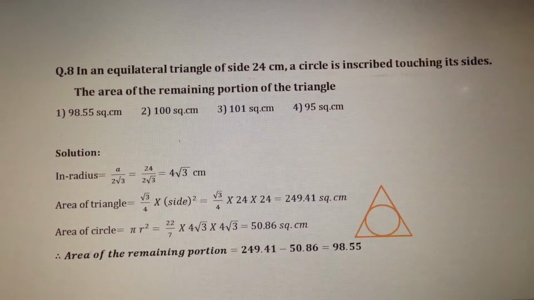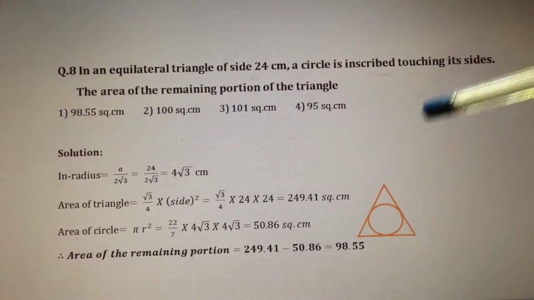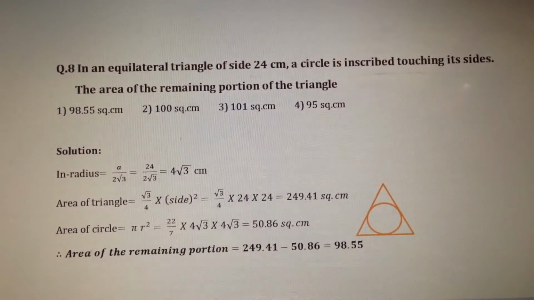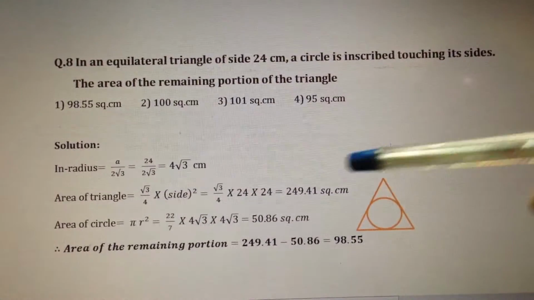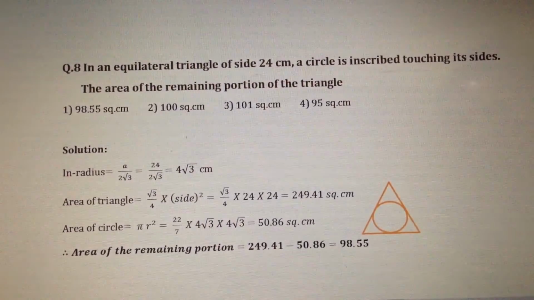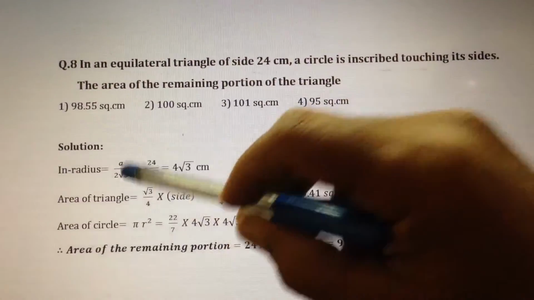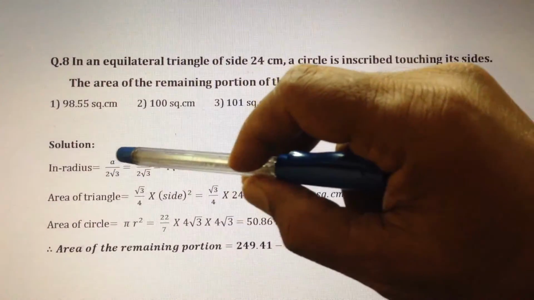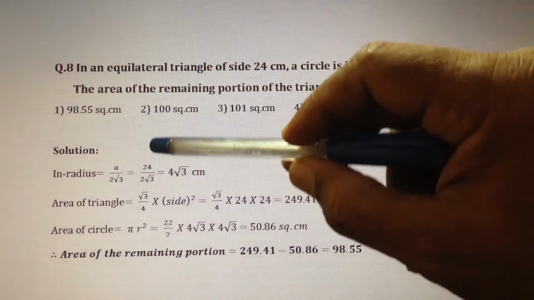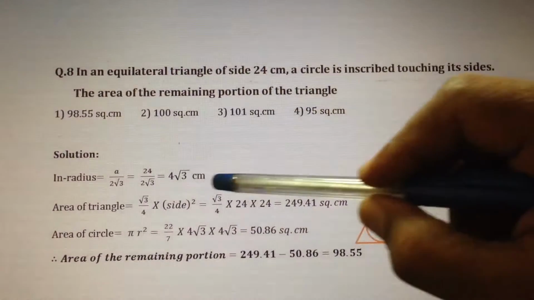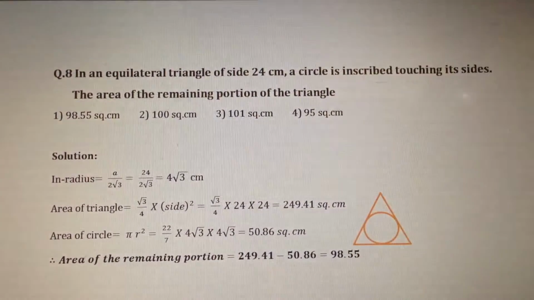And we know the formula to find out the radius, which is known as inradius of the circle, is a by 2 root 3. Inradius is equal to a by 2 root 3. a is the side of the triangle. So 24 by 2 root 3, which is equal to 4 root 3 centimeters.